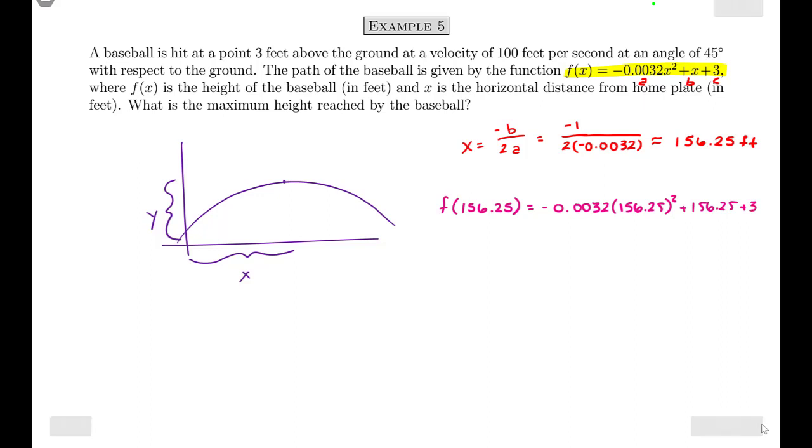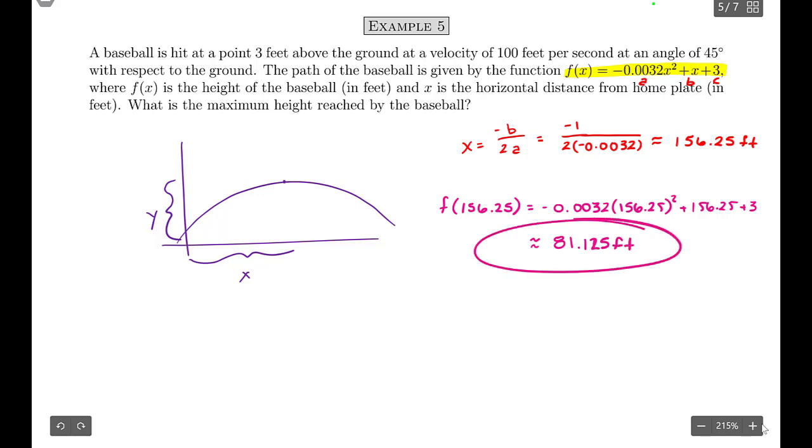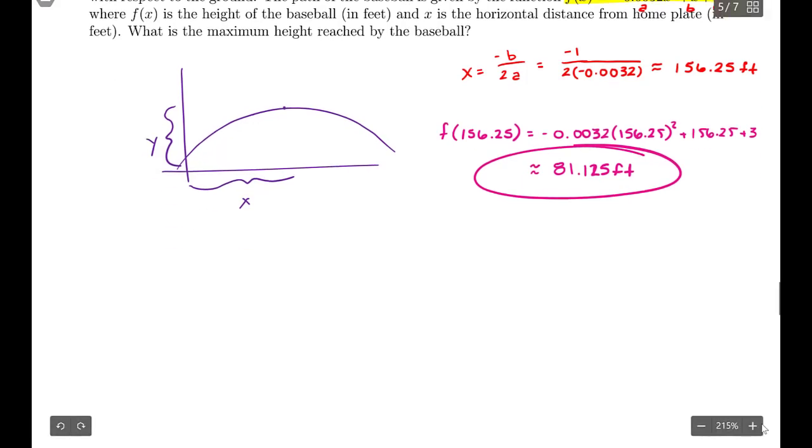When we type this in on our calculator and simplify it, we get that the height of the baseball is approximately 81.125 feet above the ground. That is the height of that ball, given the criteria that we have for example 5.